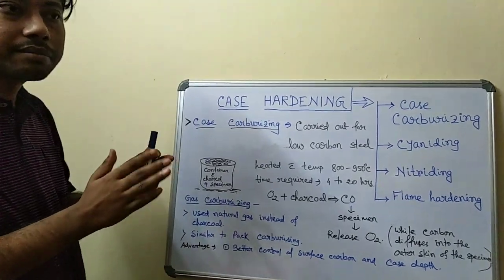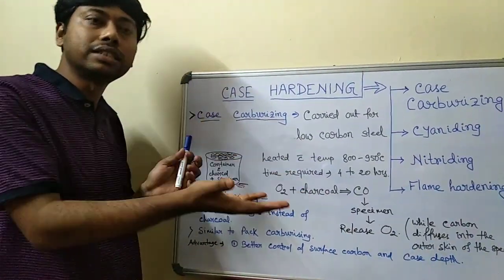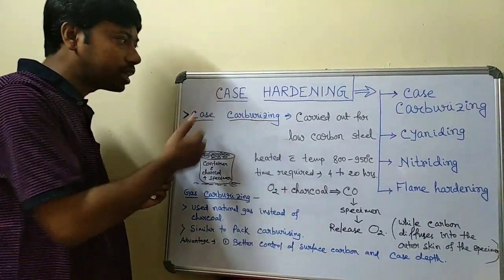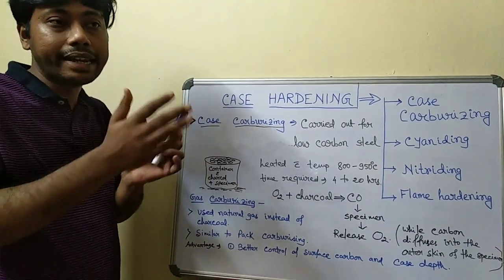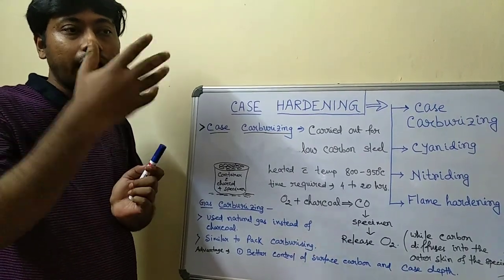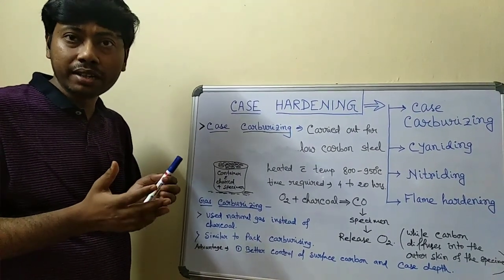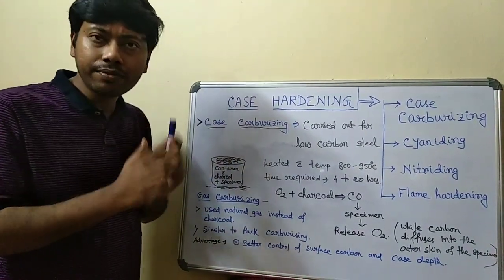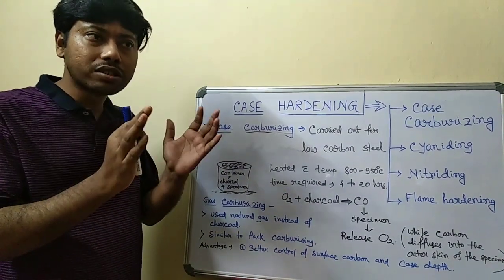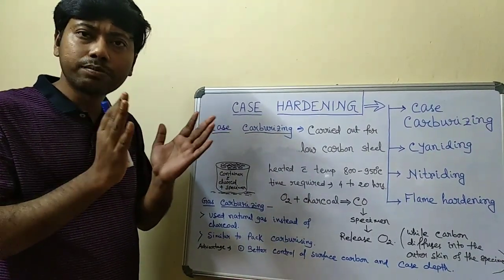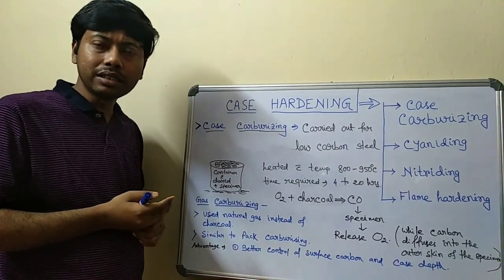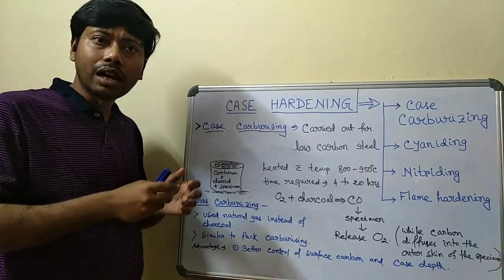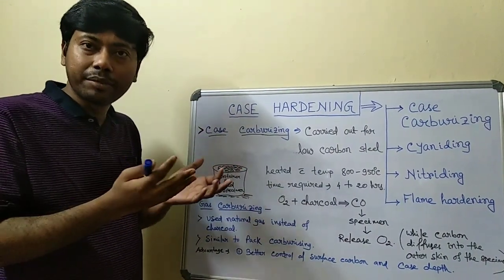Case hardening is different from the other heat treatment processes. What is the difference between annealing, normalizing, quenching, hardening, tempering and case hardening? The main difference is that processes like annealing and normalizing are basically used to improve the mechanical properties for the entire metal.